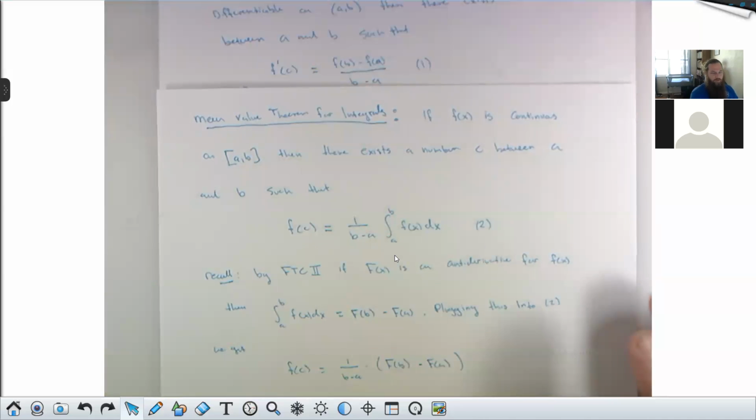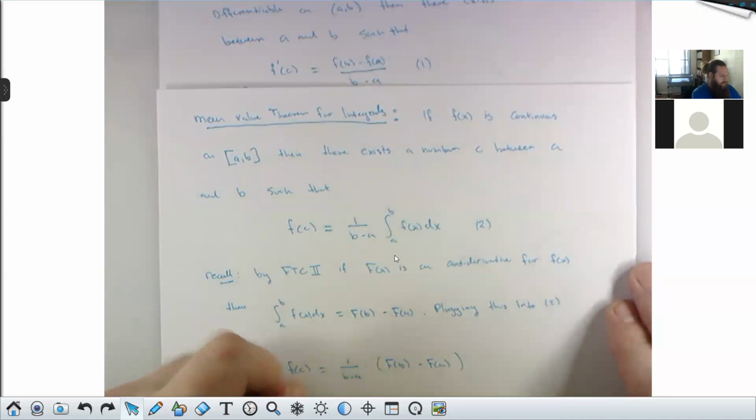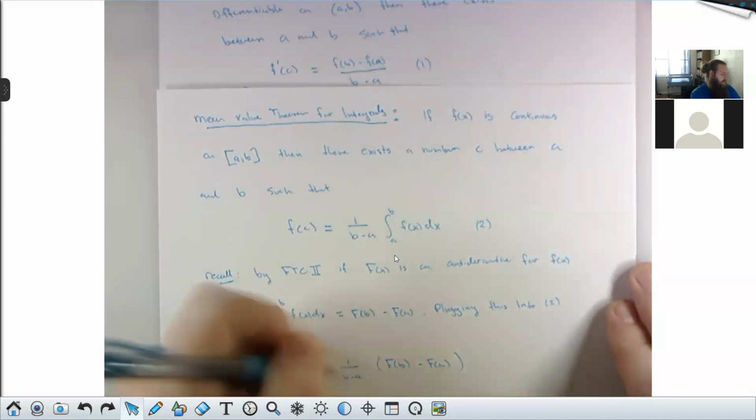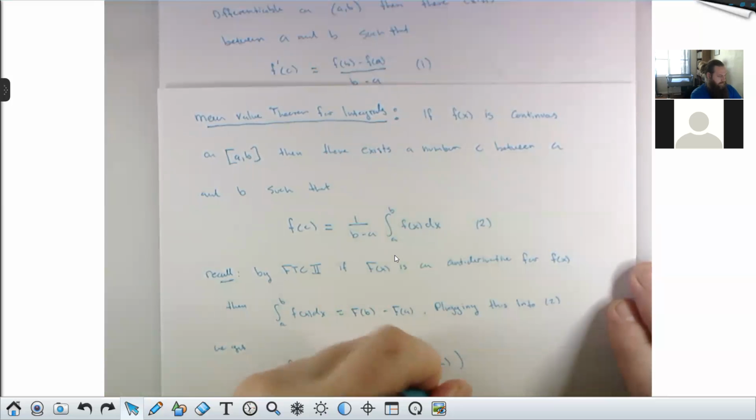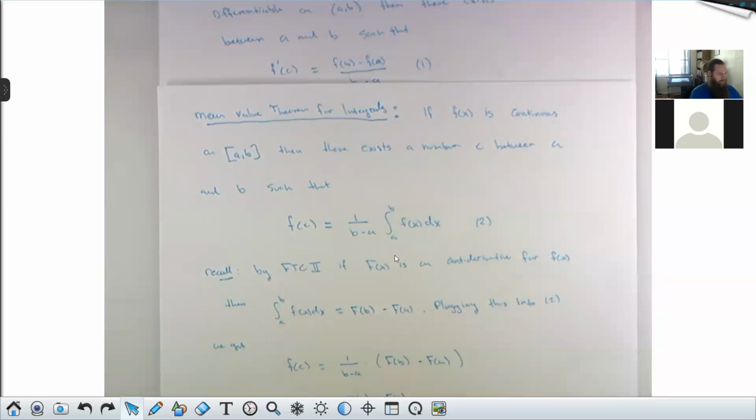And you should compare this to equation 1. All right, this is the same as saying f of c is equal to big F of b minus big F of a over b minus a. Compare 3 to 1.